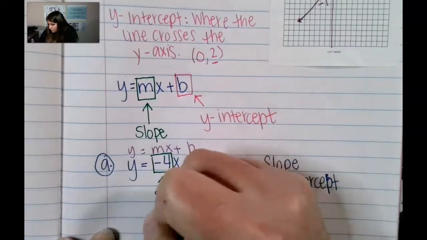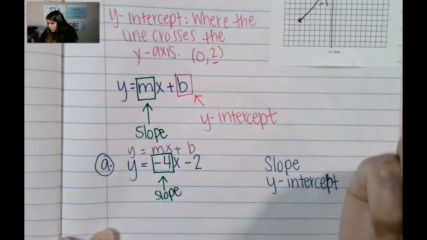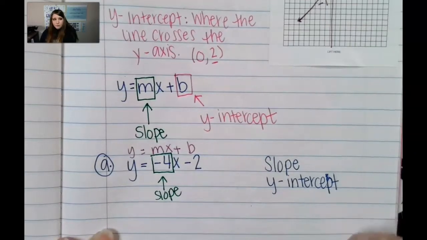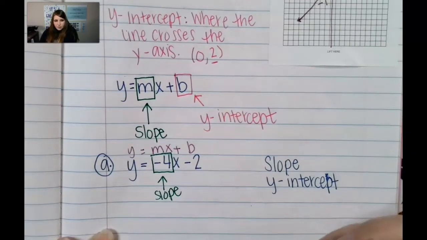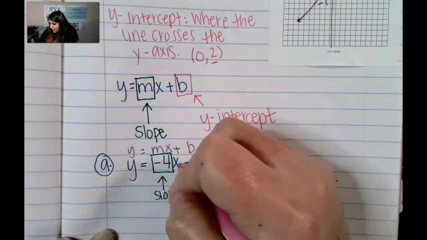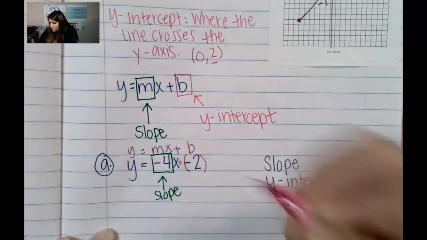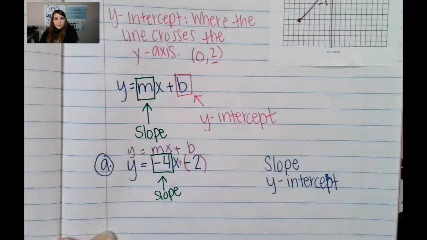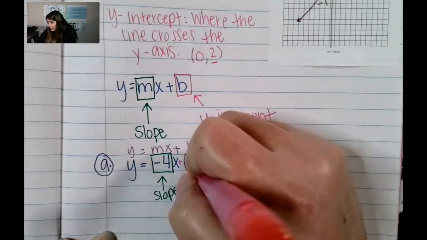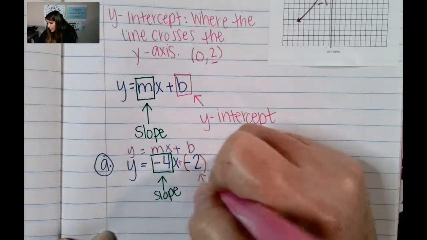Negative 4 is our slope. Negative 2 here is the b, because you would just write this as plus a negative 2. Remember that you're really adding negatives when we do our work. So this is your b, or the y-intercept.